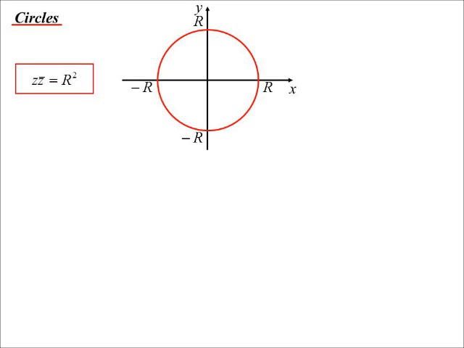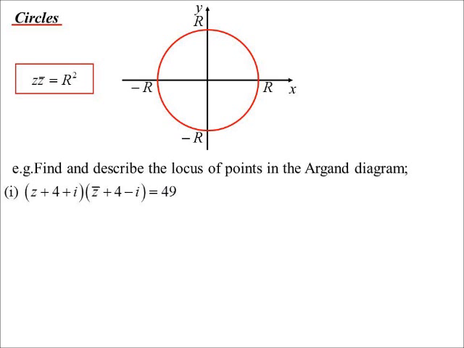Circles, in Cartesian geometry we saw as x squared plus y squared is the radius squared. X squared plus y squared, real part squared plus the imaginary part squared was z times z conjugate. So I could write that as z times z conjugate is equal to r squared. Well, this will turn out to be a circle. You notice the z times z conjugate, but the other numbers you'll notice are conjugates as well.